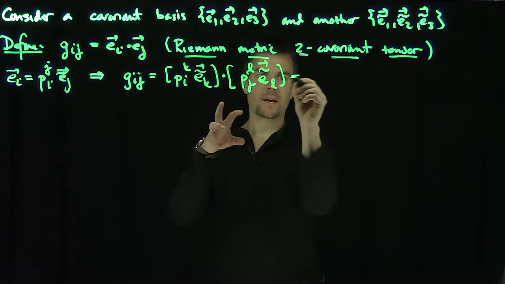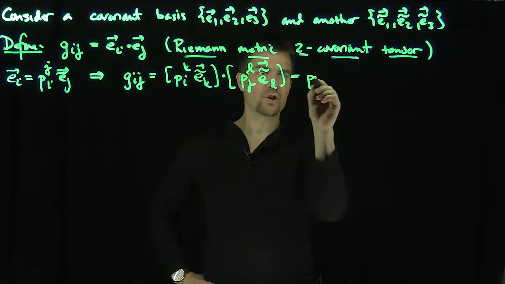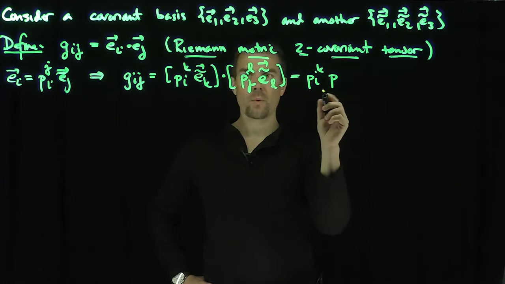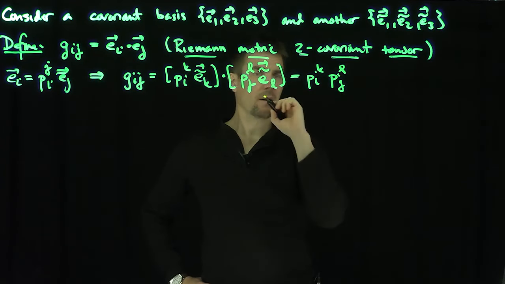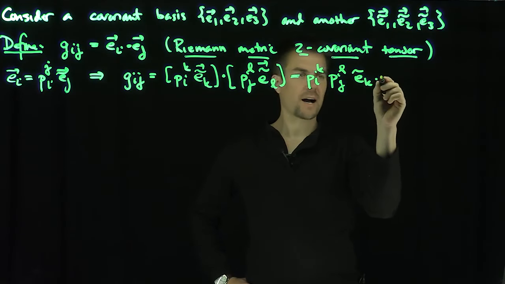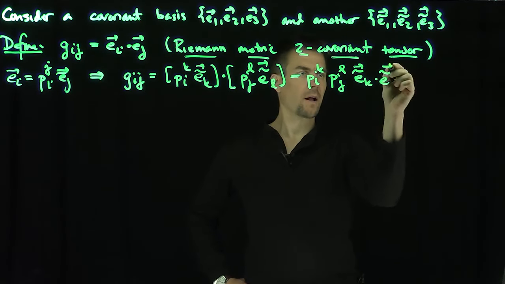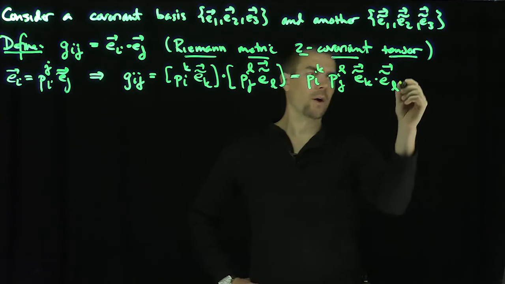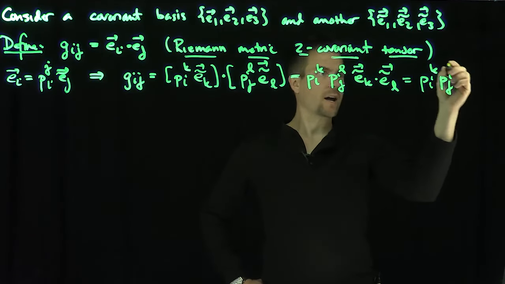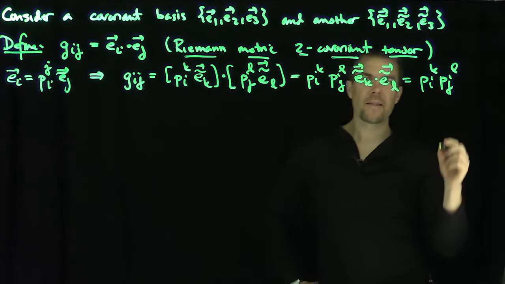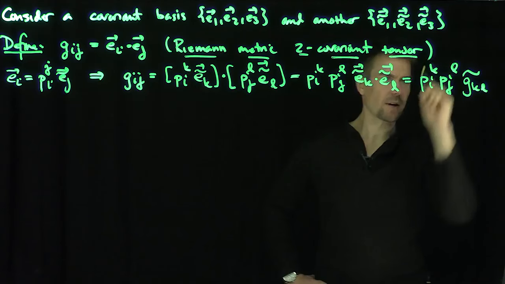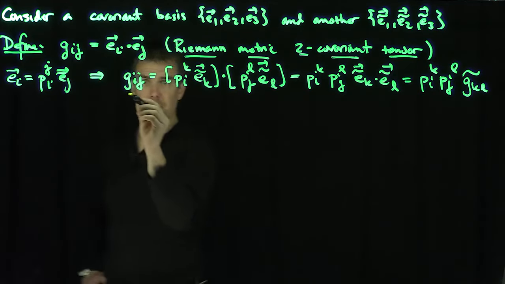And so putting these together by commuting these things over here, I'm going to have a PiK, and then a PjL, and then an E tilde K dot E tilde L, and that's going to be PiK, PjL, like that, and then we're going to have a G tilde KL. So that's our transformation law for this metric tensor over here.